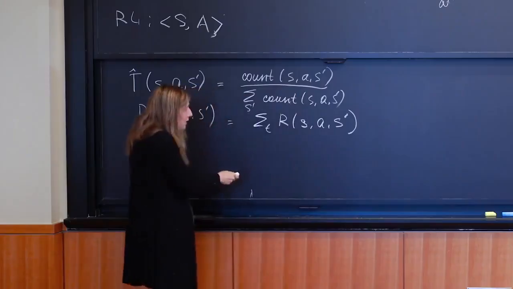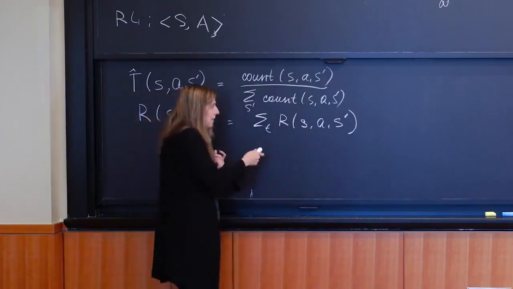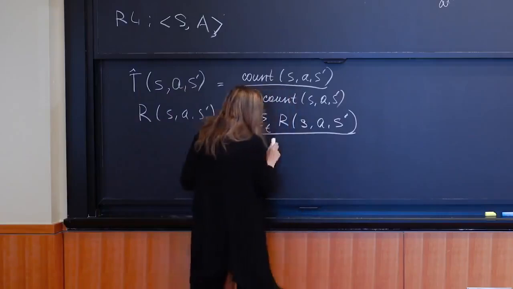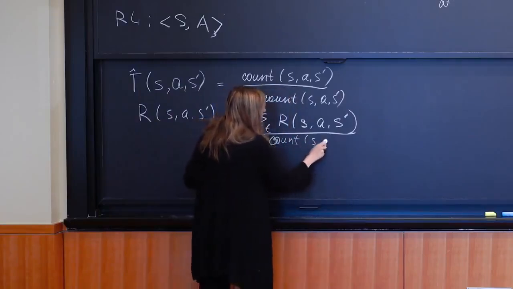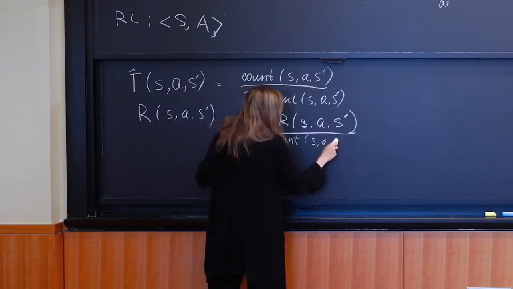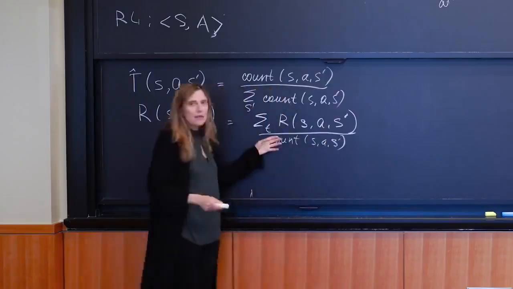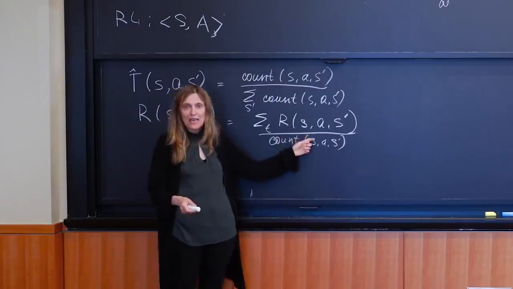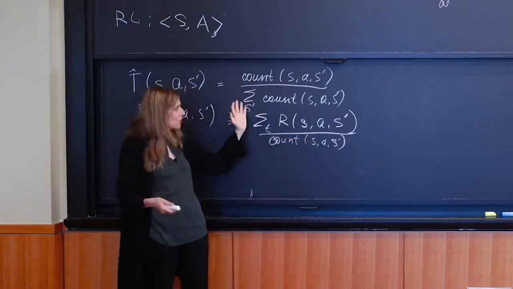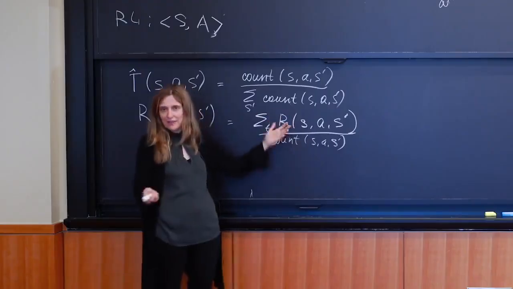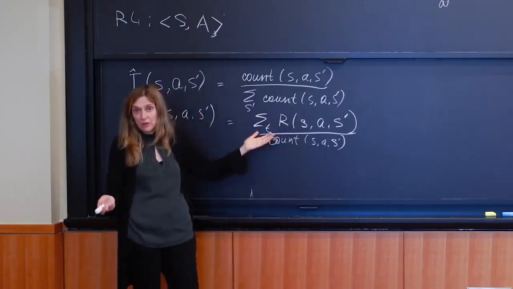So here we several times collected the reward, and then count. So this is the number of times I transition from S with action A to state S prime, and for each one of these transitions I just collected the reward and we take an average reward.